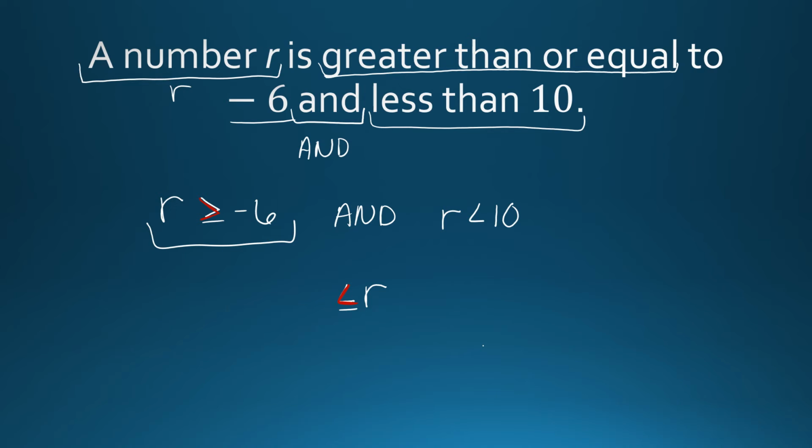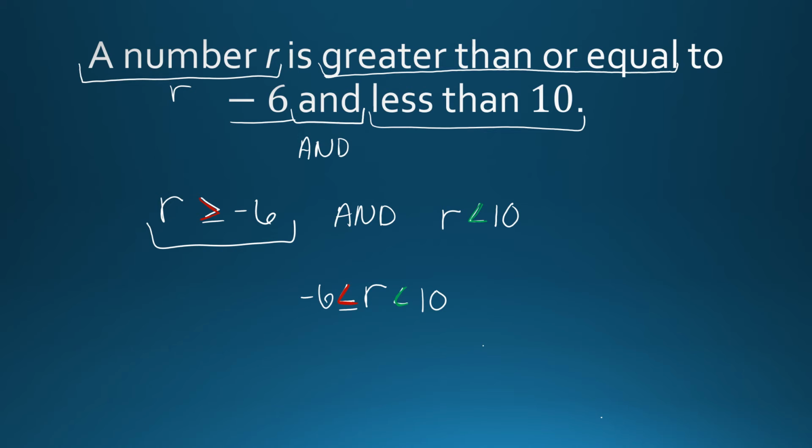So notice it has to be opening towards the r in both situations. And then -6. So this is just saying -6 is less than or equal to r, whatever r is going to be. And then our r is less than 10 is going to be sandwiched right with us. So again, notice that less than symbol is opening towards the 10 in both situations.